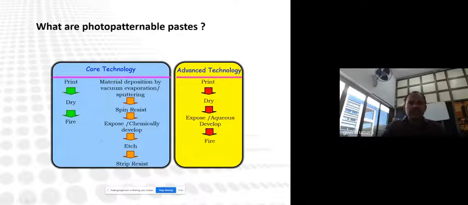So a lot of cumbersome processes are involved in this case. What we are planning in the photo patternable technology is just adding one step in between the conventional process, that is, exposure and development by aqueous developer. So we can overcome the limitations of traditional thick film technology by taking advantage of thin film technology processes.